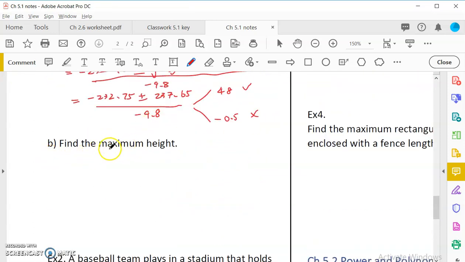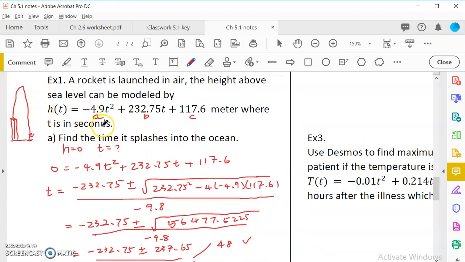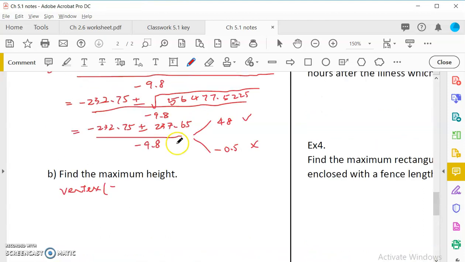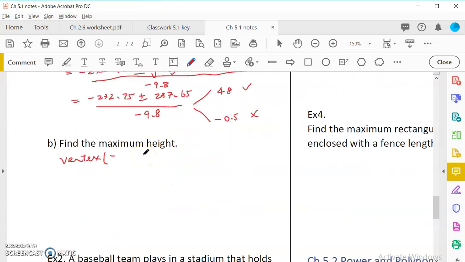The b part is when you are talking about maximum height. The height function is here, and I want the highest. We know the leading coefficient is negative, so it's facing down. The highest point would be at the vertex, so this is the time to do the vertex. The vertex is negative b over 2a, where b is 232.75, over 2a, negative 9.8.